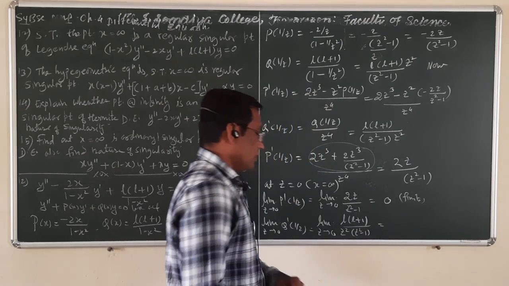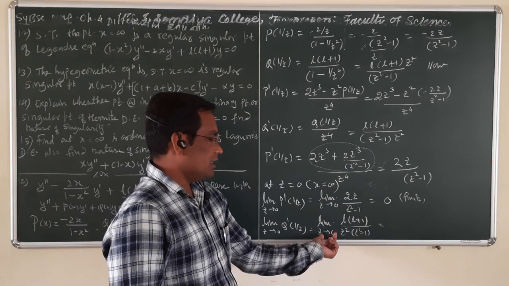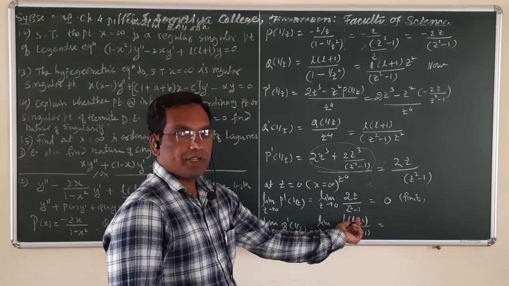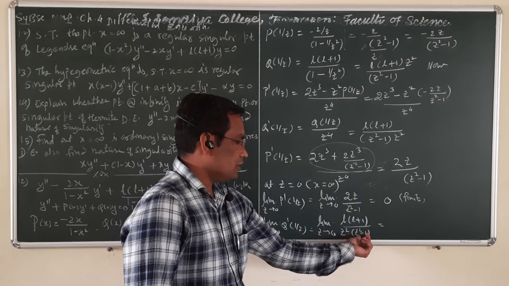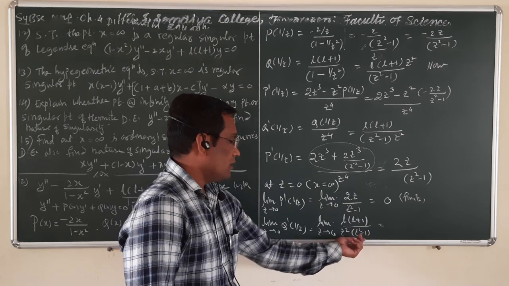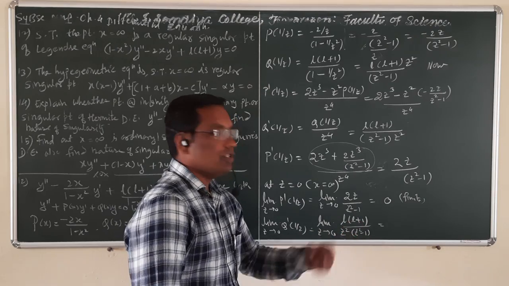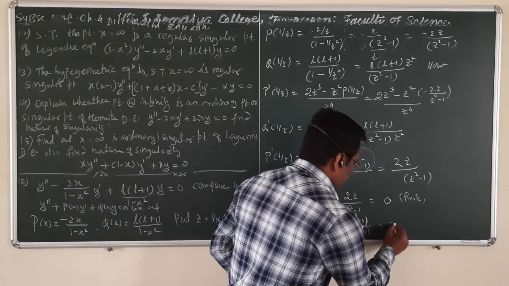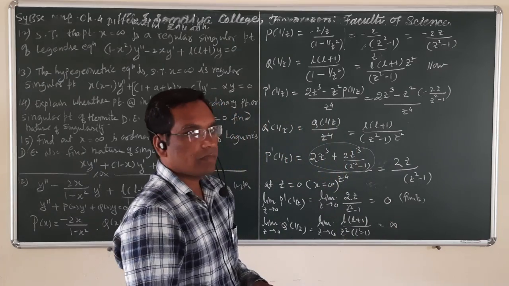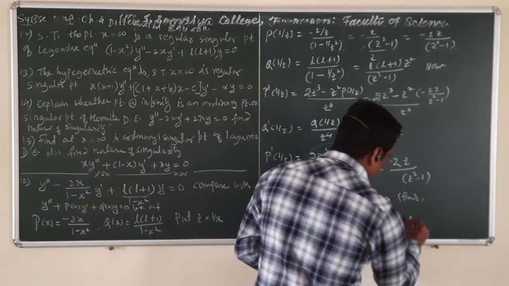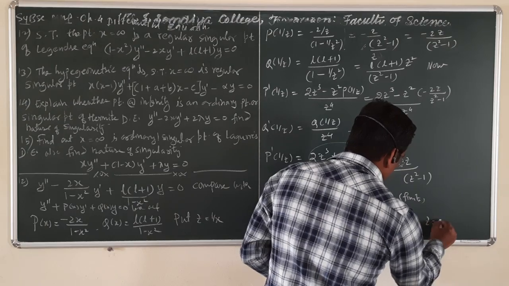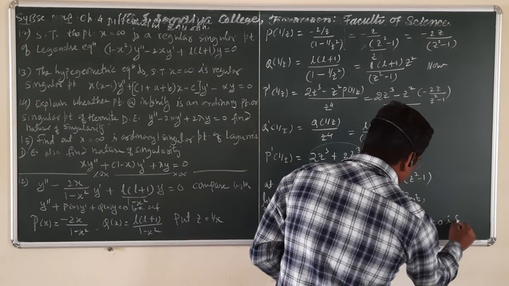See, if you put the value of Z is equal to 0, L into L plus 1 is a constant. Here 0 minus 1, which is minus 1, minus 1 multiplied by 0. So L into L plus 1 divided by 0, and that is nothing but infinite. Thus we can say Z is equal to 0 is a singular point.